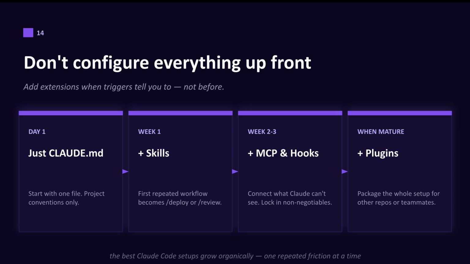Week two or three, add MCP for whatever Claude can't see, and a hook for whatever absolutely must happen every time. When the setup matures, package it as a plugin. Now you can reuse it across repos or share with your teams. The best setups grow organically, one repeated friction at a time.